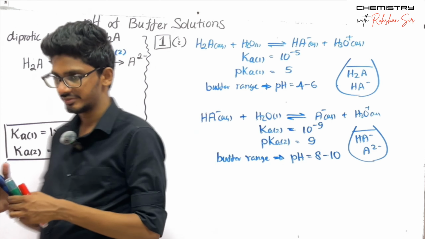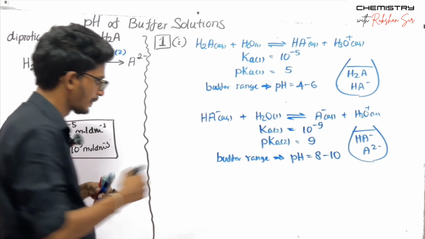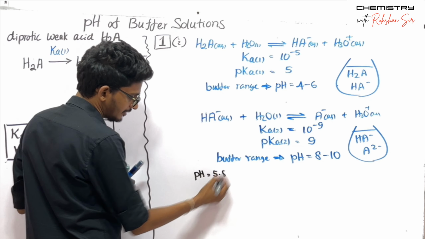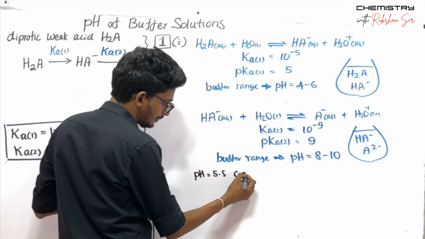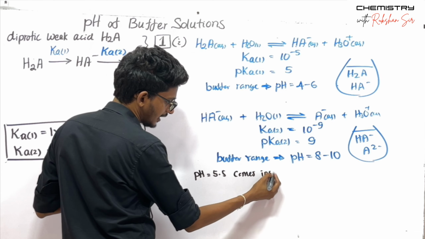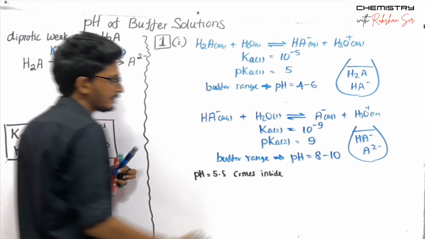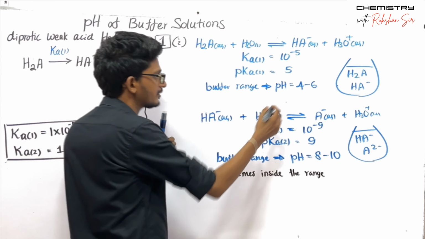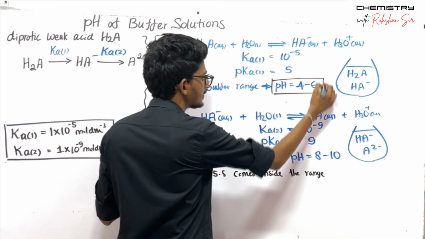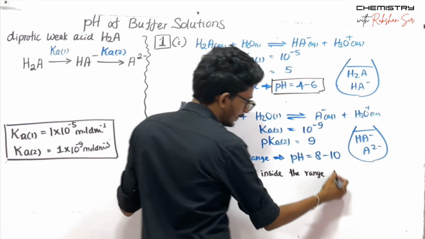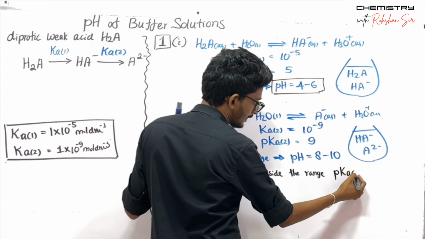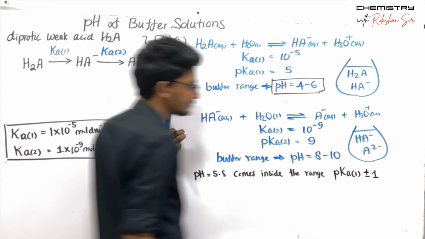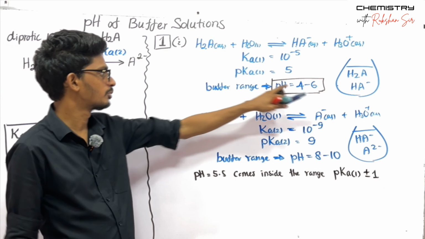So we can say pH 5.5 comes inside the range of pKa1 plus or minus 1, that is 4 to 6.